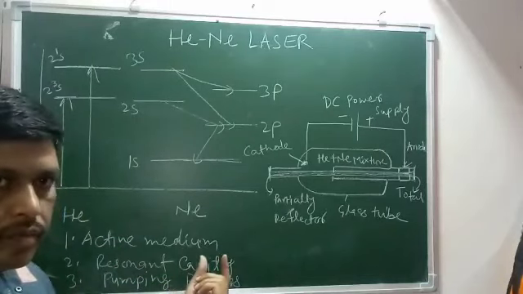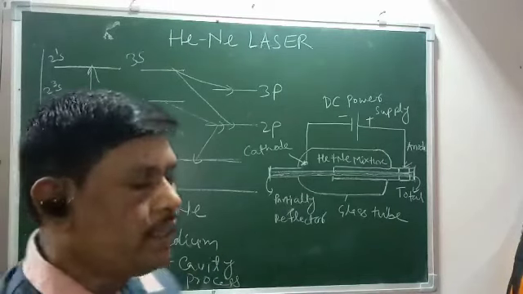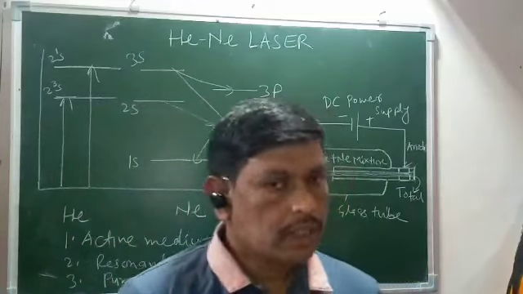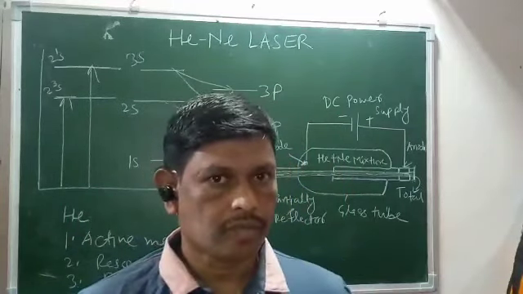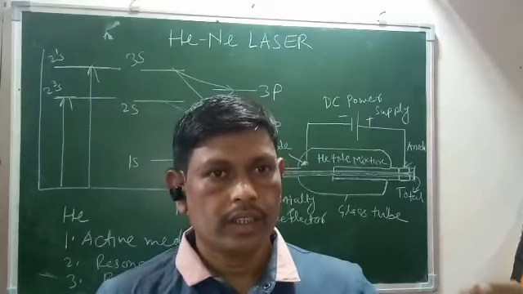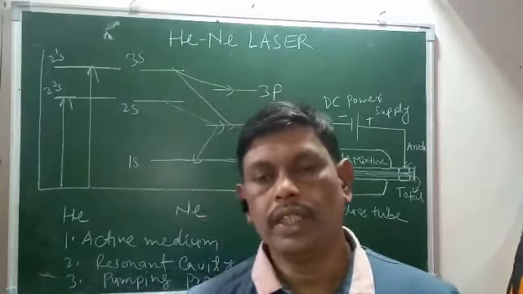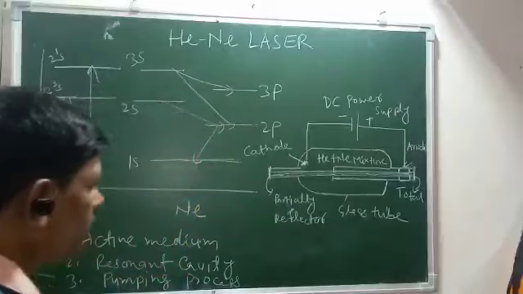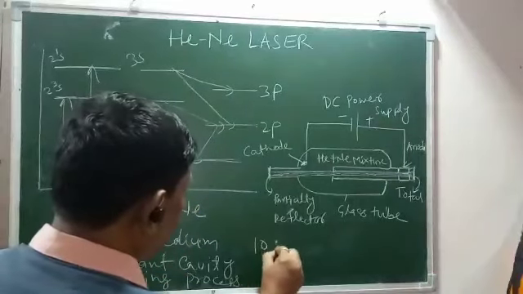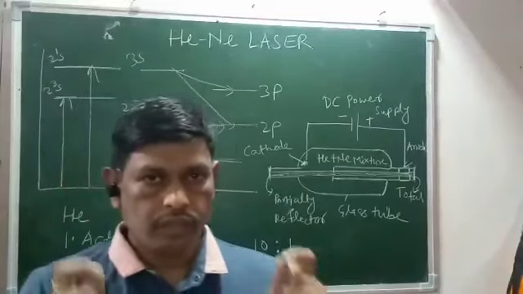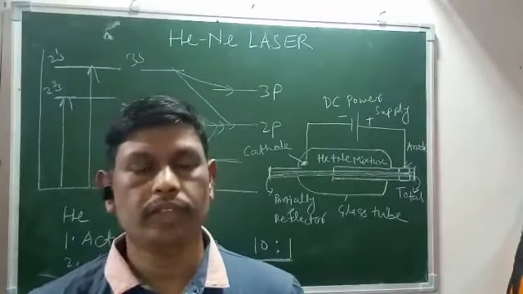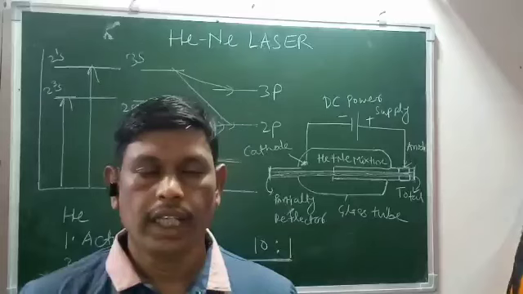Active medium. Here, the active medium is a combination of helium and neon gases. So we can use a mixture of helium neon gas in a 10:1 ratio. Out of 10 helium atoms, we use only one neon atom.